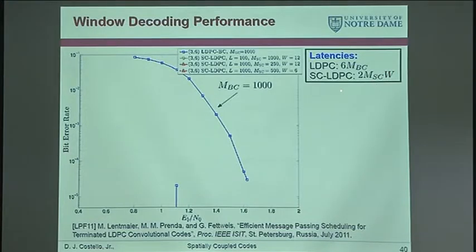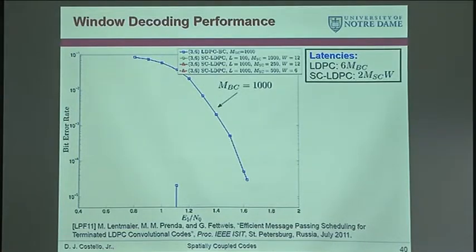Now the latency of spatially coupled codes, we're using the 3/6 regular, but where we just have the 2 variable nodes per time unit with 1 check node. And so there's 2 variable nodes at each time unit times whatever lifting factor we use for spatial coupling times the size of the window that we'd need, and that would be the entire latency.